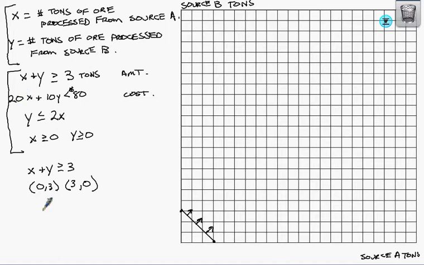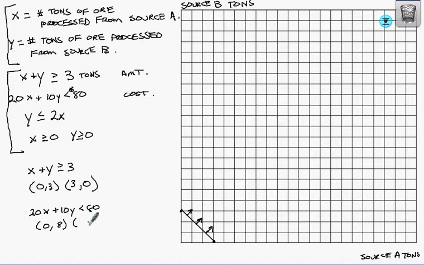So here I have 20x plus 10y less than 80. If I let x be 0, 10y equals 80, so y would be 8.